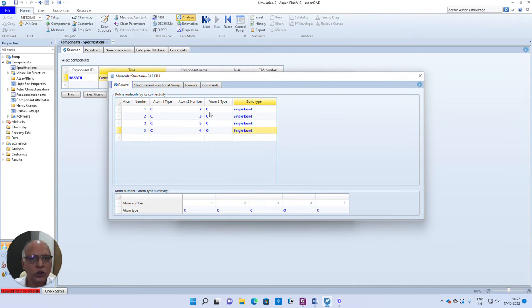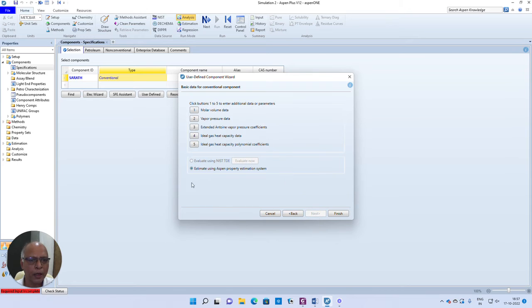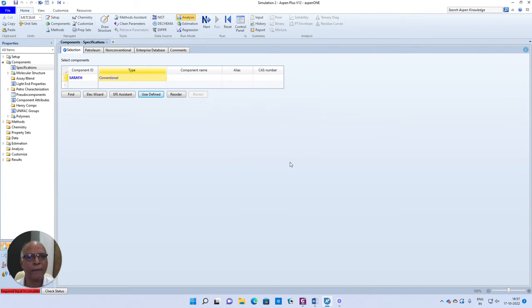Now, like this, you should be in a position to define the molecular structure along with bonds. Once you do this, you can close this window. Again, you can say next. So you are trying to estimate using the ASPEN property estimation system. Say finish. Okay.